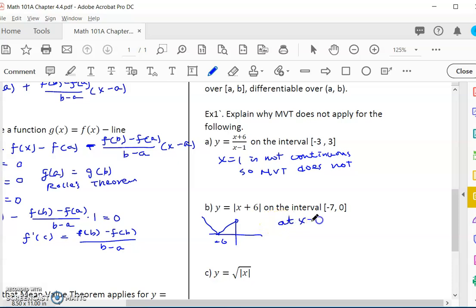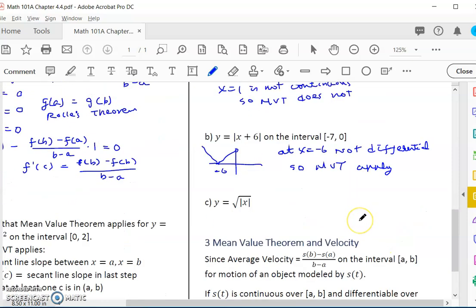At x equal to -6, because it's a corner, it's not differentiable. Which is in your interval of -7, 0. So MVT does not apply. It has to be continuous as well as differentiable. So look out for these things.